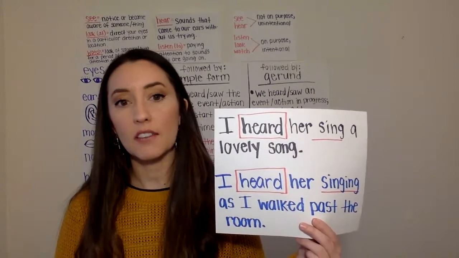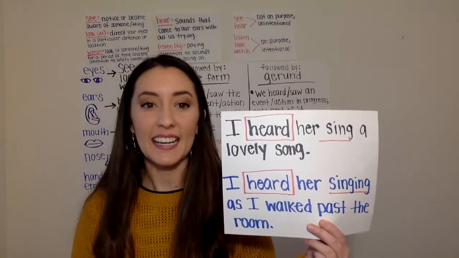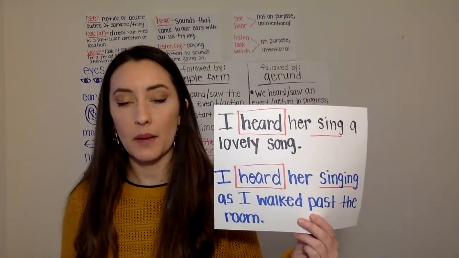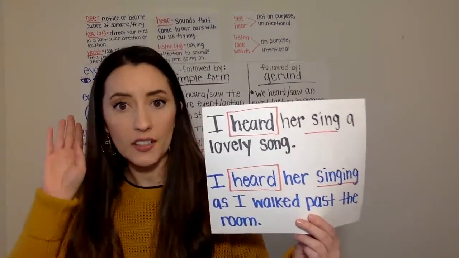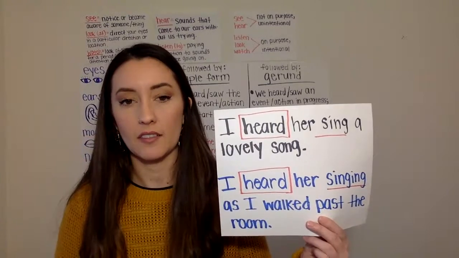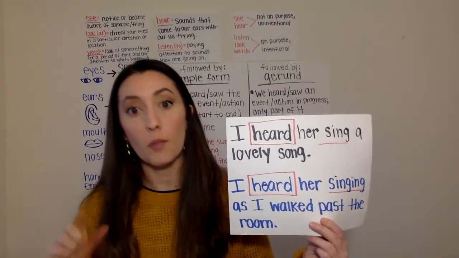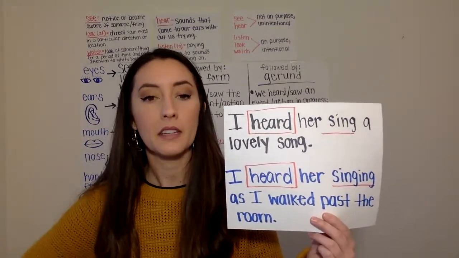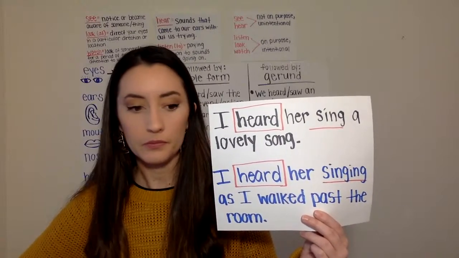However, if I say, I heard her singing as I walked past the room, it just means I was passing by and I heard a part of her singing, okay? I didn't stand there and listen to the whole song. I only heard a part of it. It was in progress, and I was passing by. I heard her singing as I walked past the room.